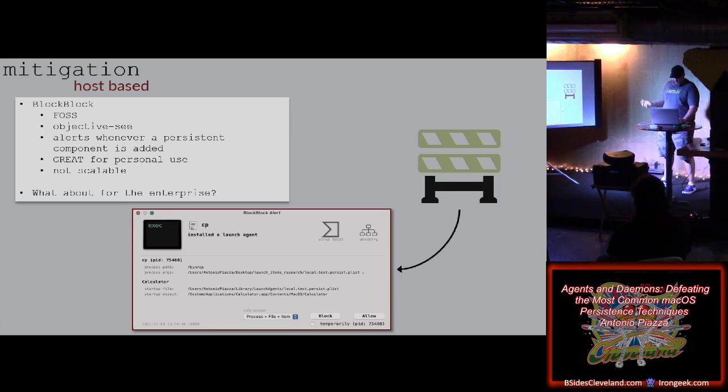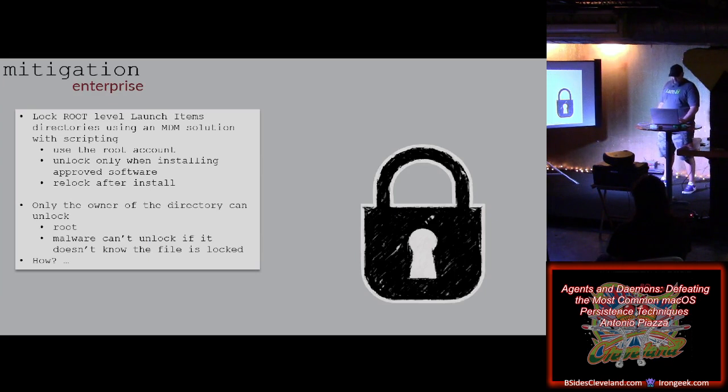So what is our mitigation option at scale? And again, this is where my research comes into play. I found that you can actually lock root level launch items directories, so /Library/LaunchAgents or LaunchDaemons, using an MDM solution with scripting capabilities like Jamf Pro or Kandji or others.